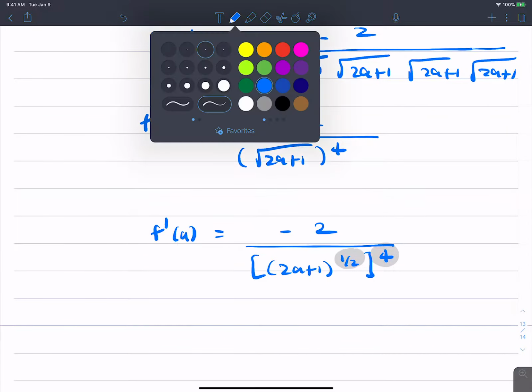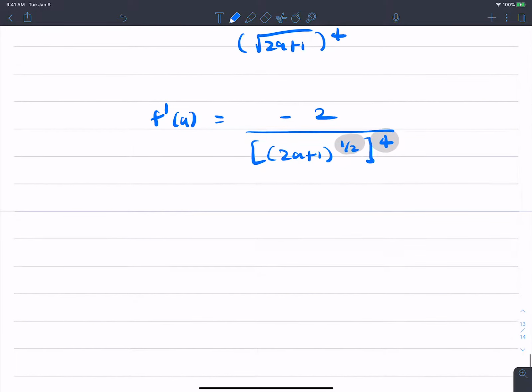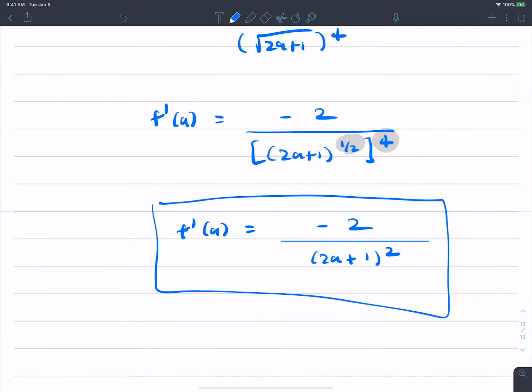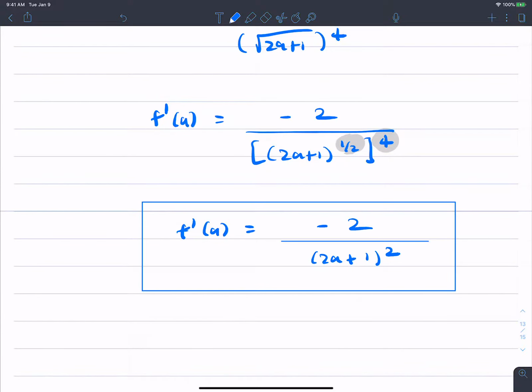What does that give you? 1/2 times 4 is 2. So f prime of a is negative 2 over 2a plus 1 squared. So there it is, ladies and gentlemen. There is that long problem here.